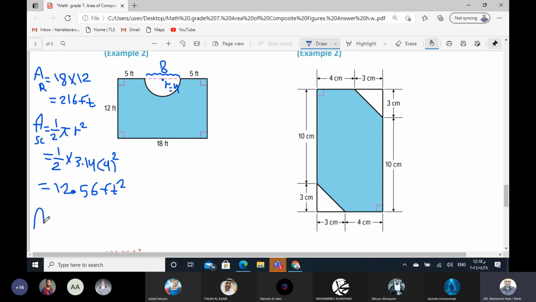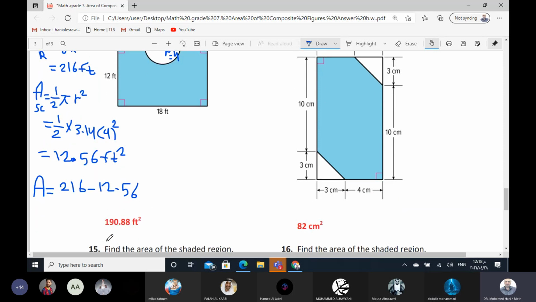Now the area of the shaded region will be the area of the rectangle 216 minus the area of the semicircle 12.56. The answer will be what? 190.88.